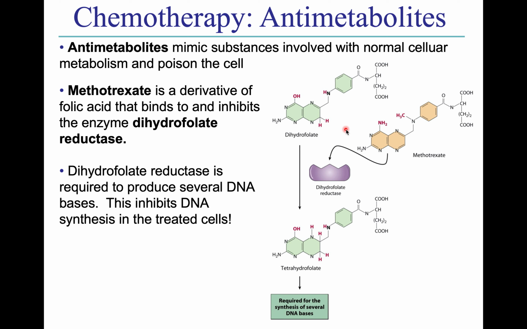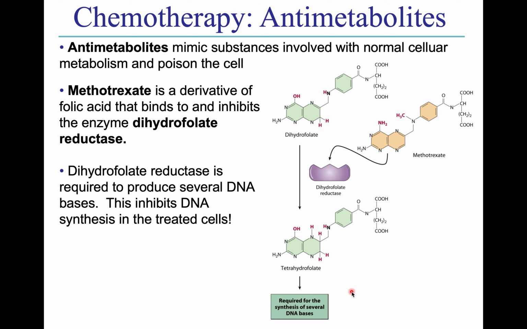So these are going to be substances that mimic normal molecules involved with cellular metabolism, and they're basically blocking the action of those molecules and hence poisoning the cell. So one example here of an anti-metabolite is methotrexate, this guy right here. And this will bind to and inhibit this enzyme dihydrofolate reductase, which would normally convert dihydrofolate into tetrahydrofolate.